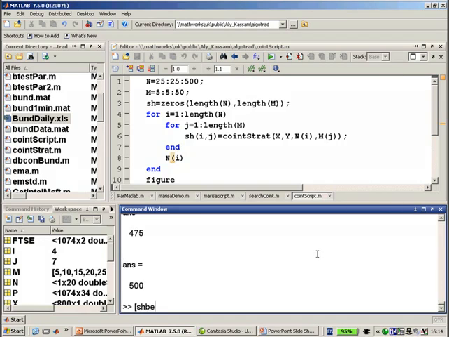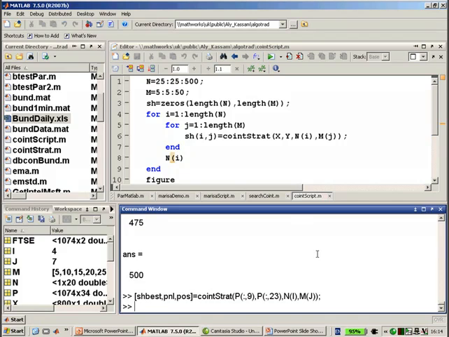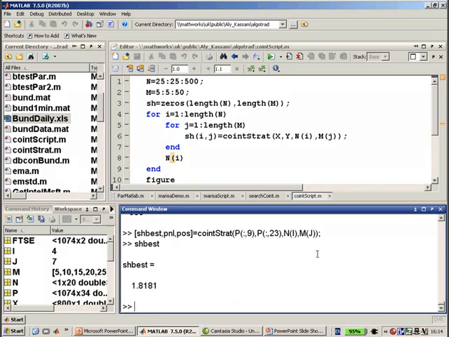I will get my best Sharpe ratio. And this time I will use all of the data, not simply the first 800 points. Let's have a look and see how that does. So the Sharpe ratio that we get from that is 1.8, very high. So we would be pretty happy with that if we were actually building this model. Let's have a look at what the P&L looks like.